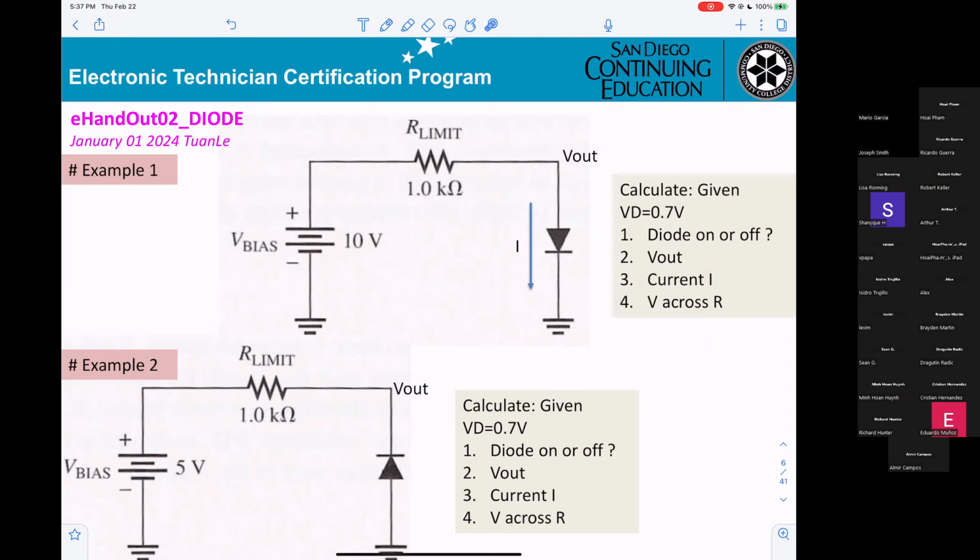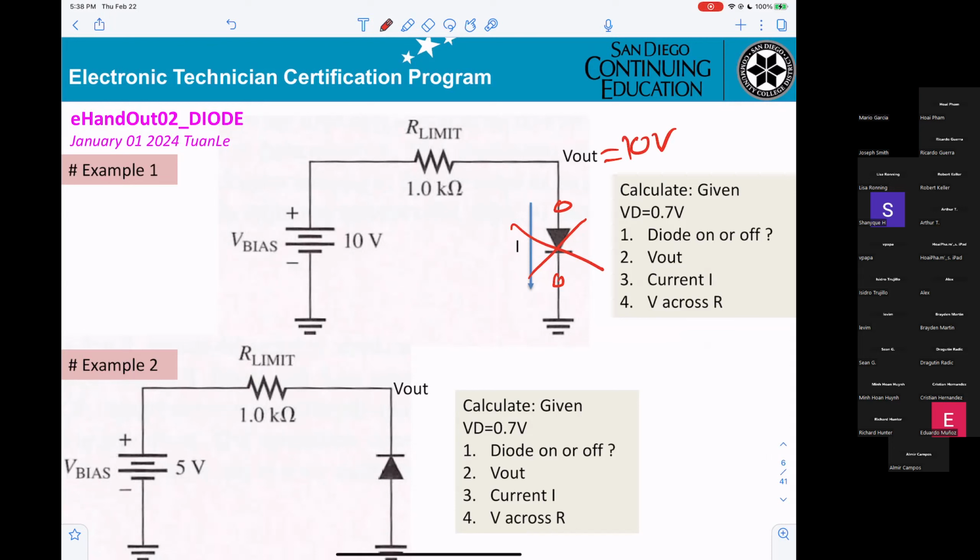First thing, suppose you don't have a diode here. What is V out? If no diode here, that means open circuit, then V out will be 10 volt.